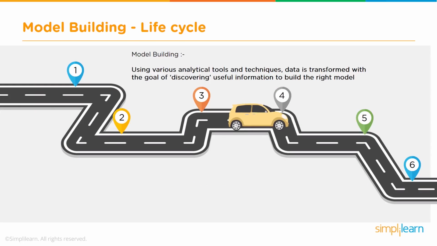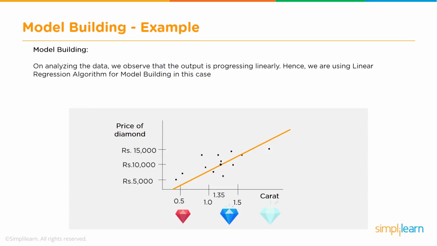So we have done the planning part. We said, okay, what is the algorithm we are going to use? What kind of model are we going to use? Now we need to actually train or build the model so that it can then be deployed. So what are the various types of model building activities? In this particular example, you want to find out the price of a 1.35 carat diamond.